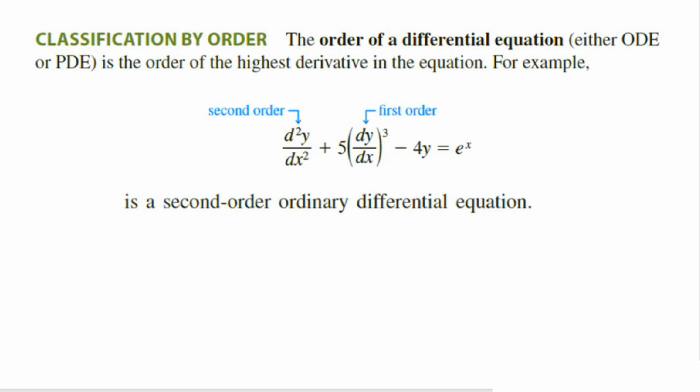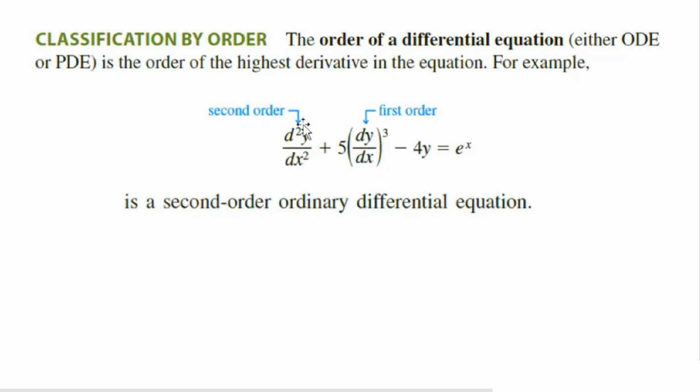Classification by order. The order of a differential equation, either ODE or PDE, which means ordinary differential equation and partial differential equation, is the order of the highest derivative in the equation. For example, we have d squared y over dx squared plus 5 times the quantity dy over dx raised to the power of 3 minus 4y equals e raised to x.